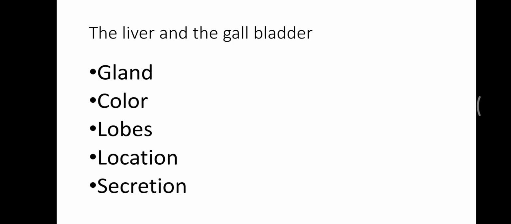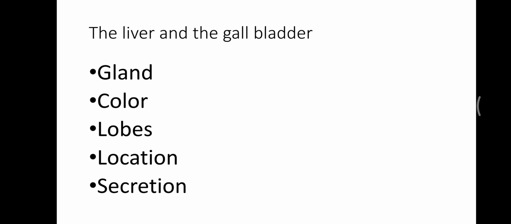This is your biology class and we are doing chapter 6, Nutrition in Mammals. The topic for today's discussion is the liver and the gallbladder. Students, basically liver and gallbladder are organs and glands which are associated with the gut.